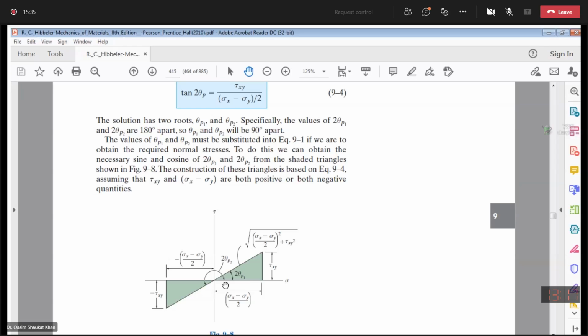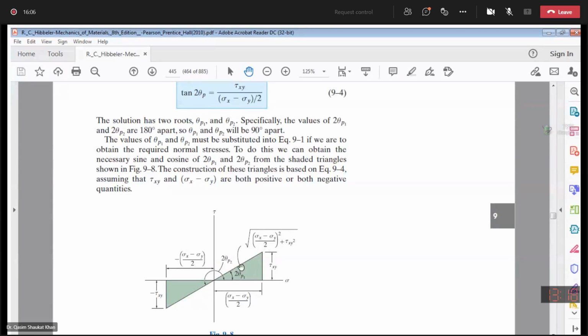The other thing we discussed last time was this figure, where you can see the shear stress and the average of the difference of the normal stresses are either both positive or both negative. This is your 2 theta p1 and this is your 2 theta p2. The difference between 2 theta p1 and 2 theta p2 is 180 degrees. The other thing is this resultant.